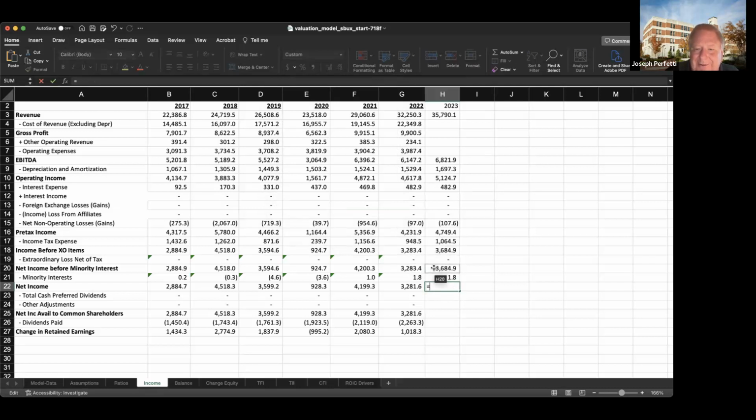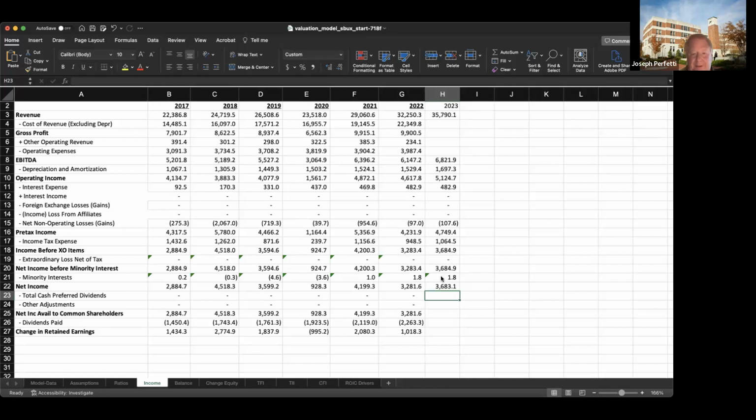Equals H20 minus H21. $3,683.1 million after we pay out that dividend. That is our bottom line net income. So again, very quickly, we have forecasted a 2023 income for Starbucks after tax.